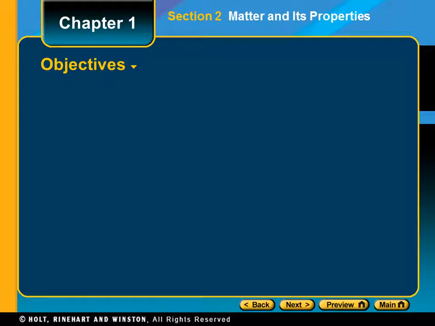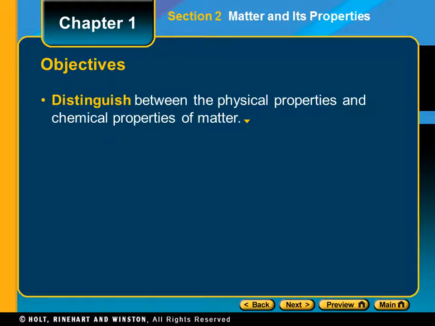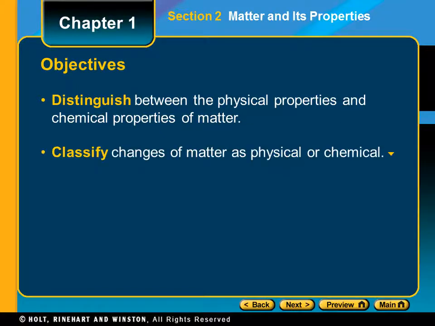All right, we're going to move on to the next section. In this next section of Chapter 2, we want to look at physical properties and chemical properties of matter, and they're not the same thing. They're actually defined very differently, and so that's important. Be able to classify changes of matter as physical or chemical. Sometimes matter changes and it's a physical change.